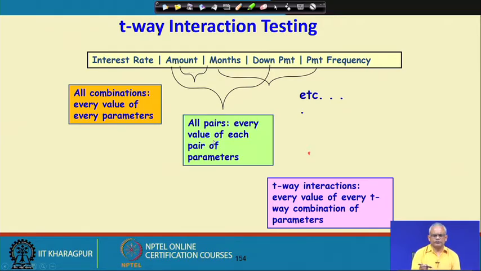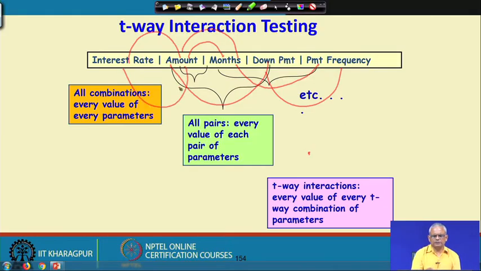So, we have all possible combinations of these two, these two, these two, these two, and so on, all possible combinations between any two if they are present, then it is called two-way testing.